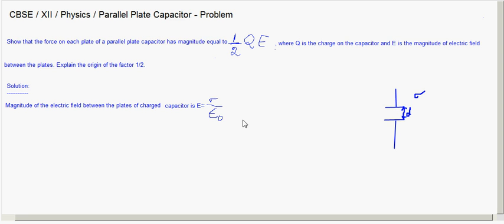This we have seen. So this is the field between the plates.